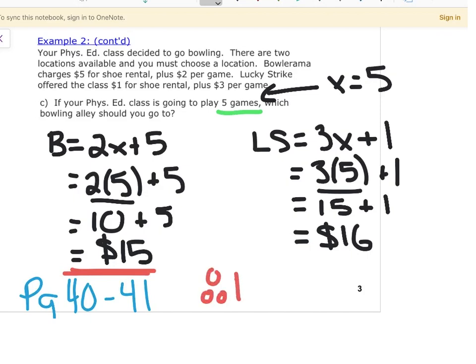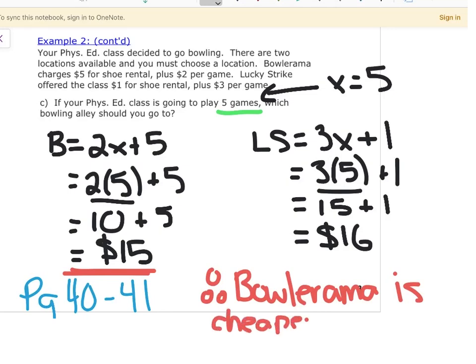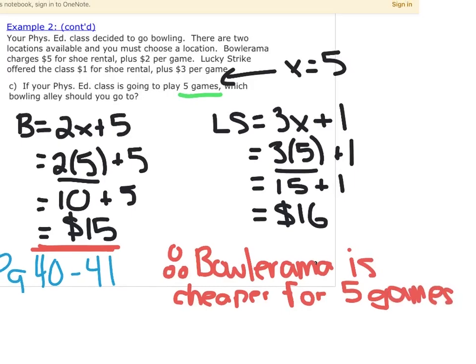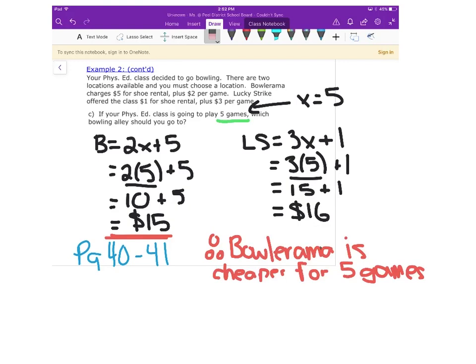Therefore, Bowl-O-Rama is cheaper for 5 games. And that's just a substitution example as well.